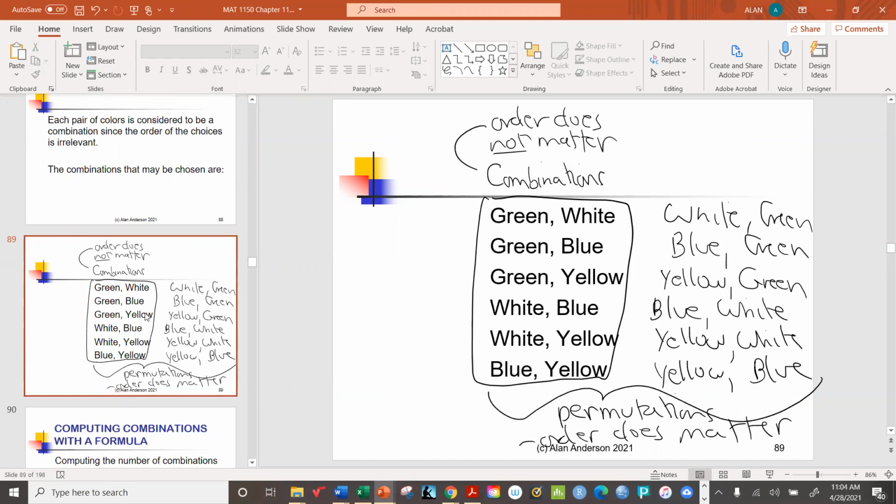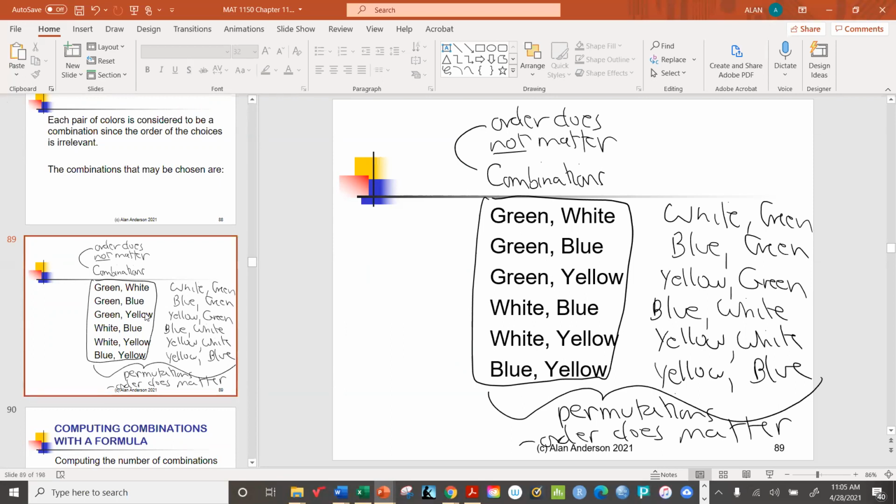If I'm picking green and blue, I do not also include blue and green. So in other words, with permutations, both columns would be counted. But with combinations, only the first column counts because the order is not important. So I don't need to separately consider green, white, and white, green because they mean the same thing. That's the important detail. The order is of no consequence.